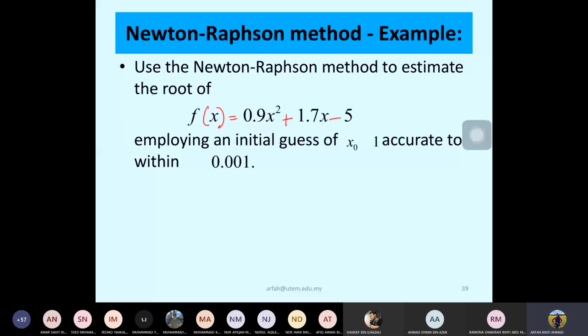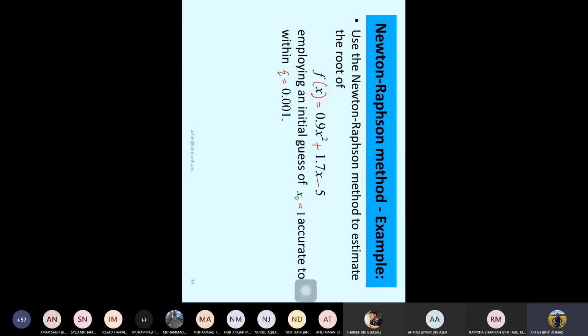Okay. Employing an initial guess of x0 sama dengan 1, accurate to within error equal to 0.001. So untuk example ni, let's see how kita nak selesaikan this example.